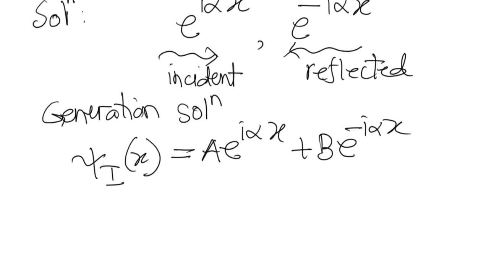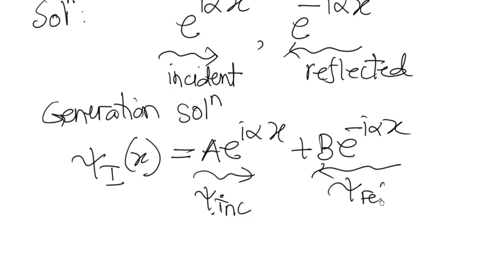A and B are the amplitudes of the incident and the reflected wave respectively. This one is the right going, we say this is psi incident, and this is psi reflected.